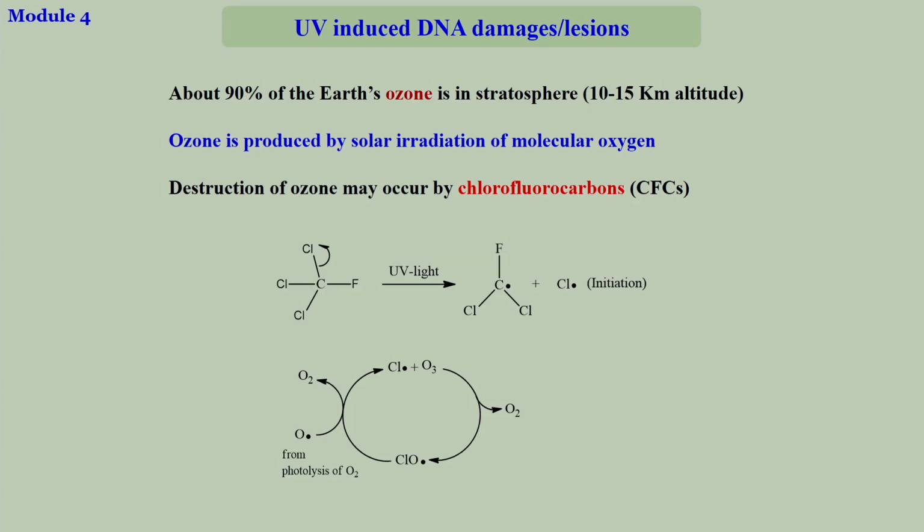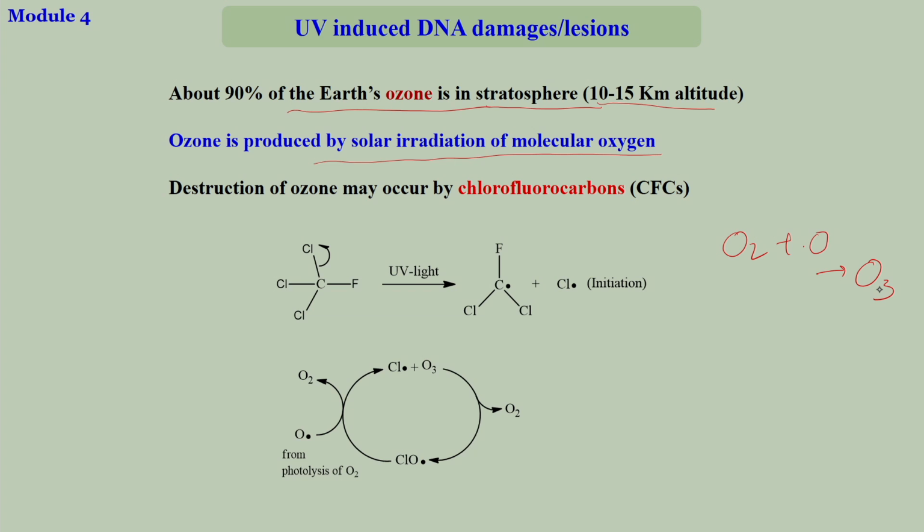This is it. So, the ozone layer stays in the stratosphere, which is around 10 to 15 kilometer altitude from the surface of the earth. Now, ozone is usually produced by the solar irradiation of molecular oxygen. While the production of ozone is through molecular oxygen, one O2 molecule reacts with another radical of oxygen, that produces the ozone.